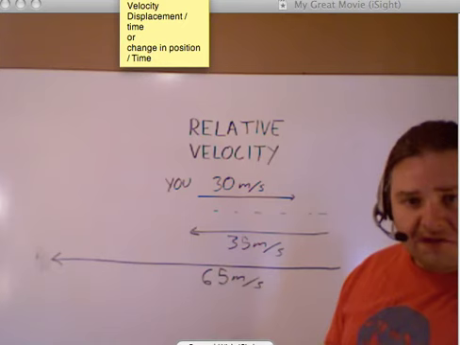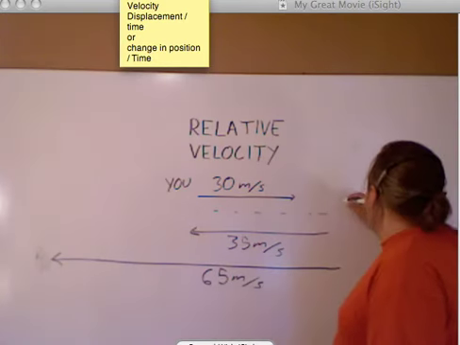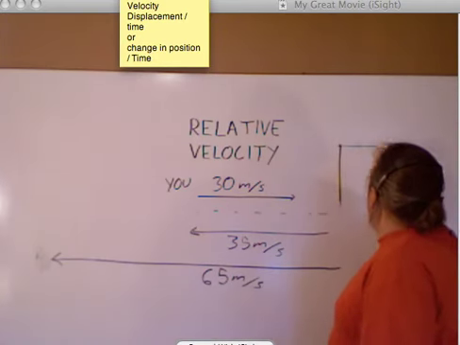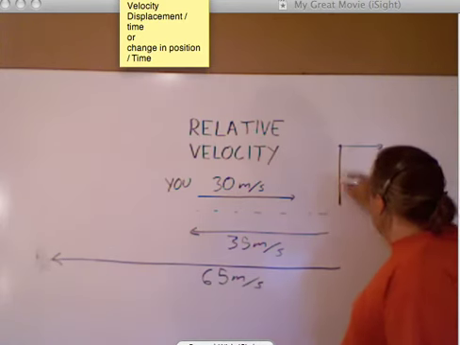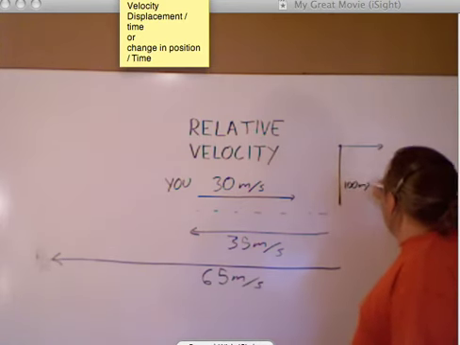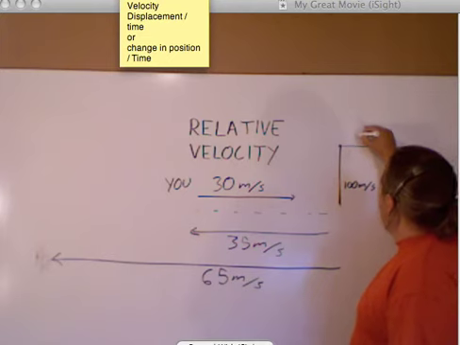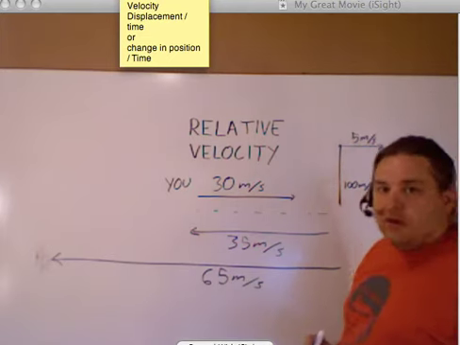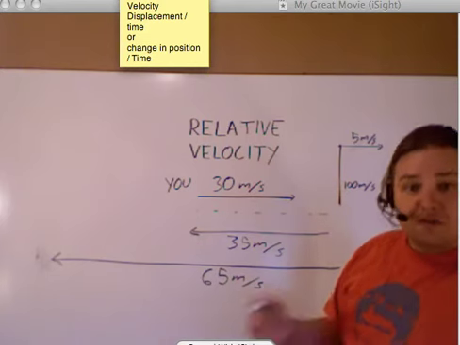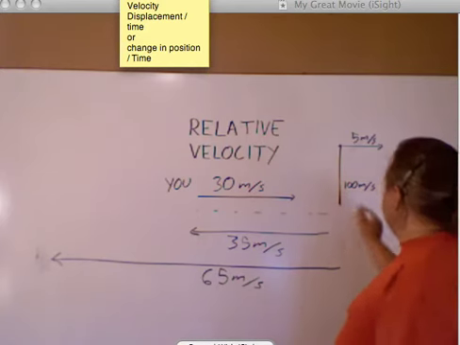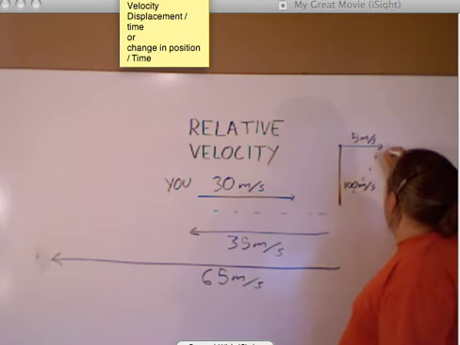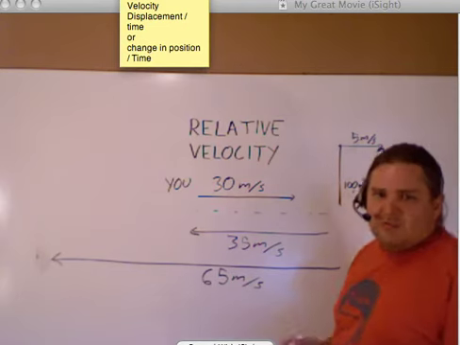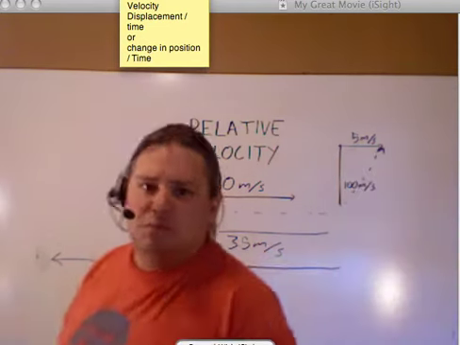You can also use relative velocity talking about x and y. If a plane is heading in this direction at 100 meters per second, and there's a crosswind of 5 meters per second, it turns out that the relative velocity of that plane with respect to the ground, because this is the plane's velocity from its point of view, is something like this, which is about 102 meters per second, I think.